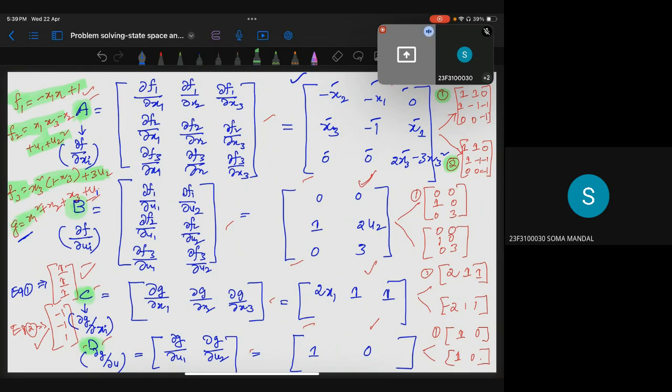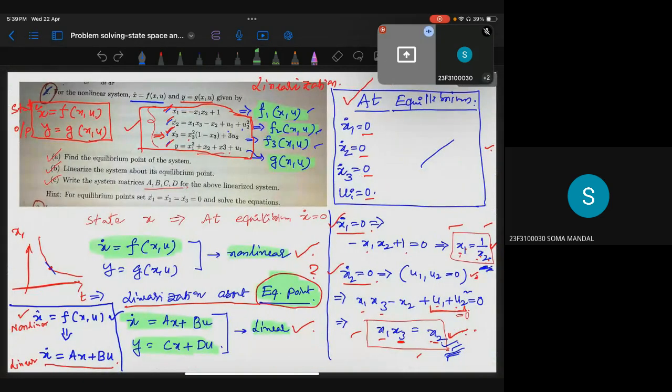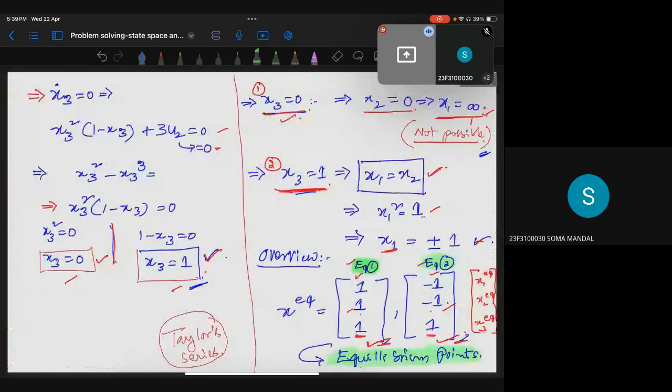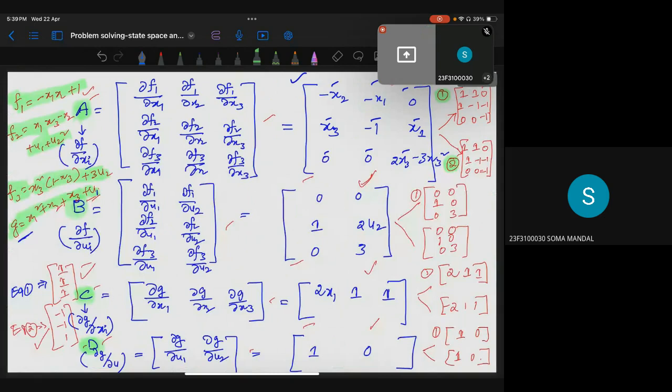For finding the B matrix, consider the G function. The G function is this one: Y is equal to that equation, which will give you the G function. Sorry, the G function we will use for finding the C and D matrices.